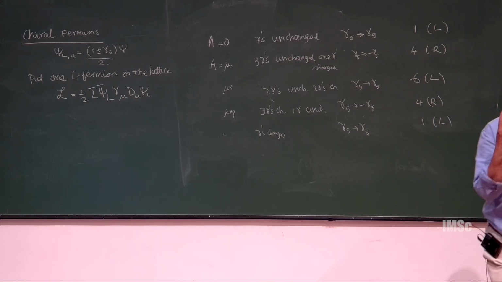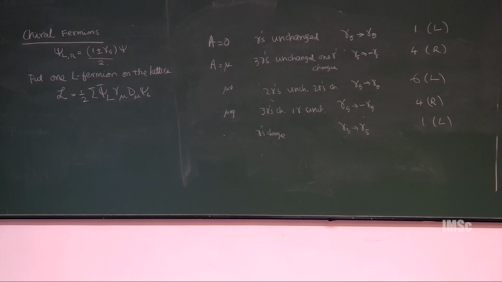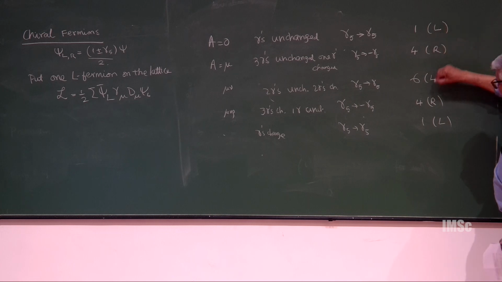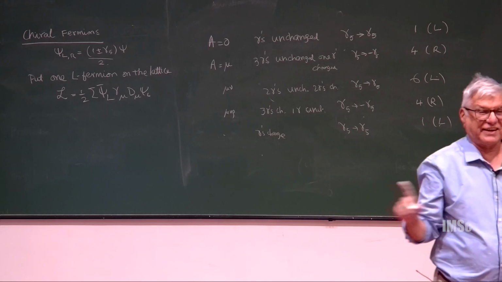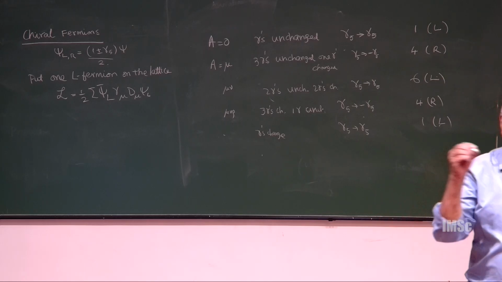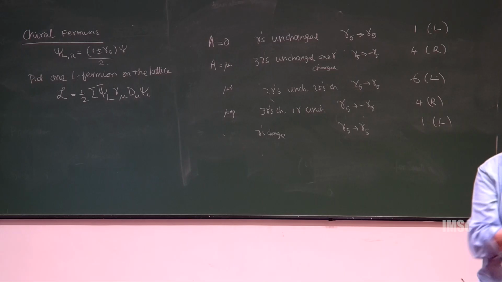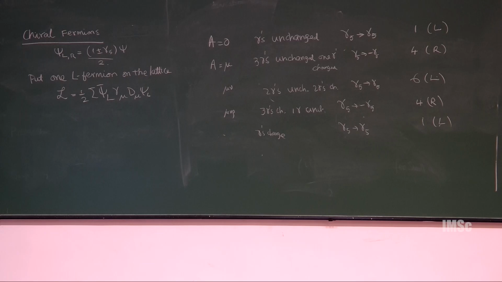So you thought you had put 1 left-handed fermion on the lattice, but now species doubling not only gives you 16 particles, but their handedness, let's look at it: exactly 8 left-handed fermions and 8 right-handed fermions. So even though you thought you were biasing by taking a left-handed fermion, when you put all the double species together, there's an equal number of left and right. Okay?